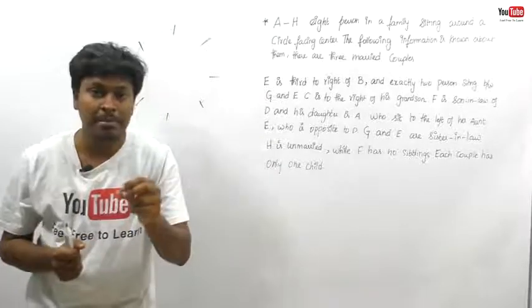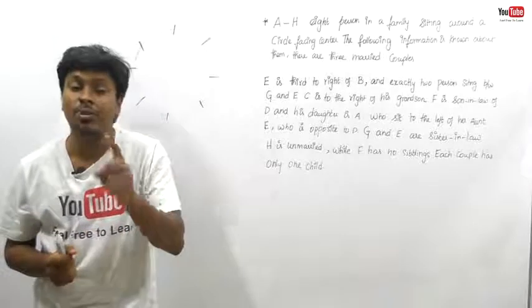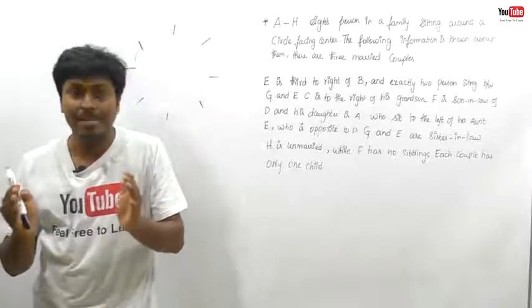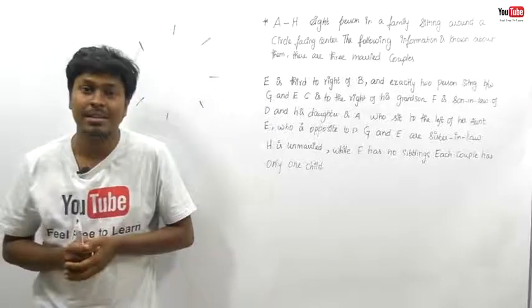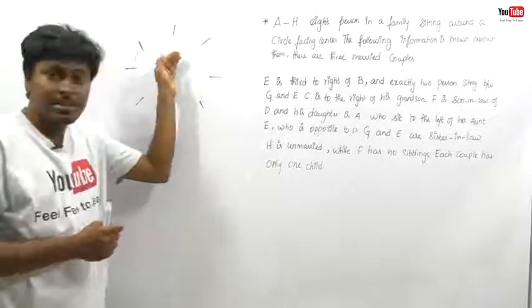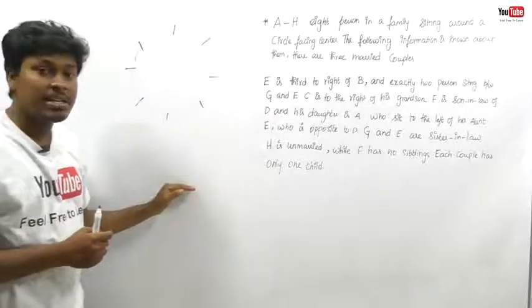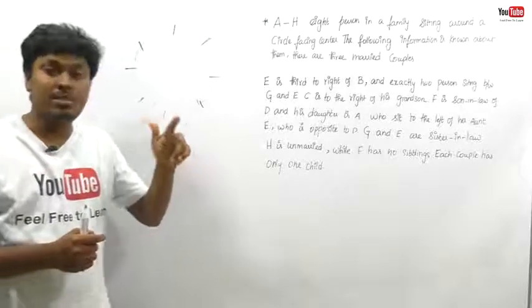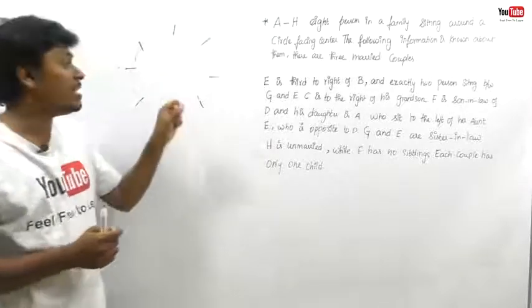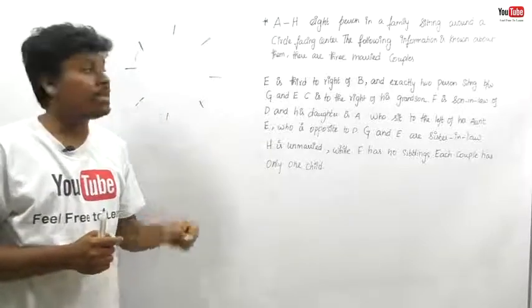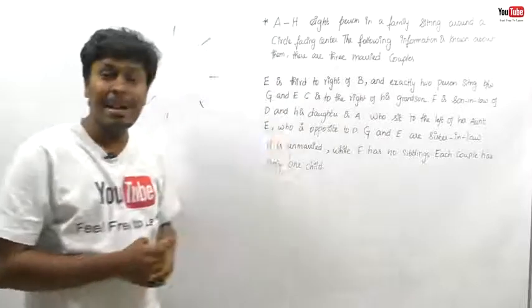If it is type number 2, in the initial video itself I have told you one thing. If we are going to solve a type number 2 blood relation, that is circular arrangement based on blood relation, your concentration should be 50% on the circular arrangement and 50% on finding their relationship. This is most important, friends. In the previous 2 sums we were not concentrating on circular arrangement, but in this sum, because of type number 2, they have given a clue that there are 3 married couples.